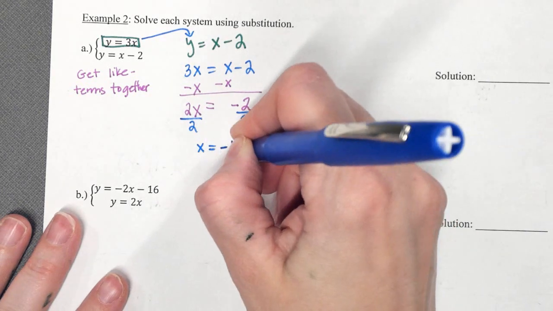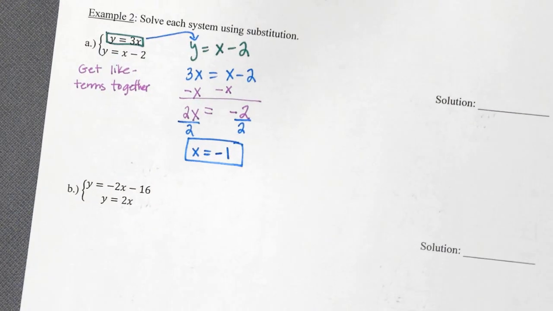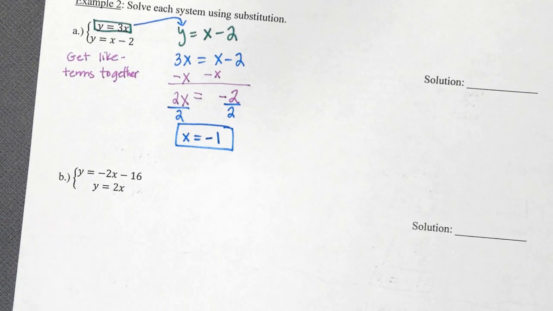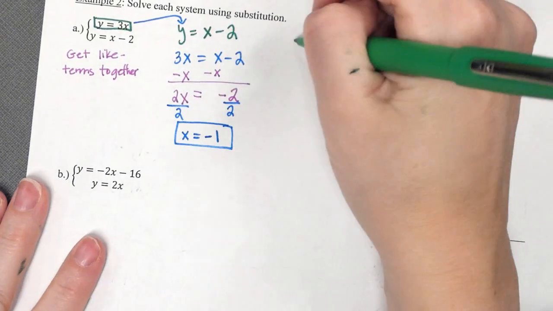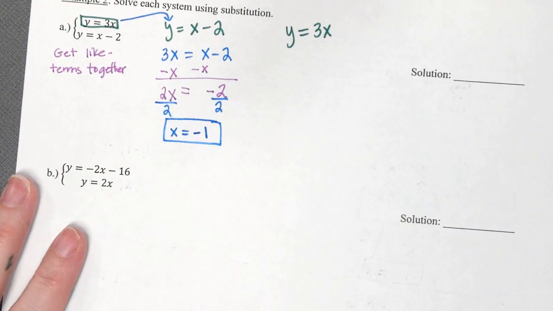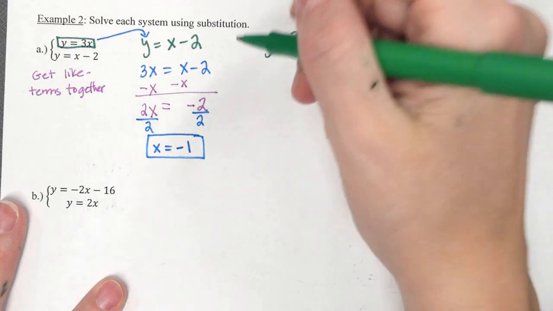Yep. Okay, now remember last time we already knew what y was because they told us the number, but now we don't have a number, we have 3 times x. So what we have to do is substitute this in for x.